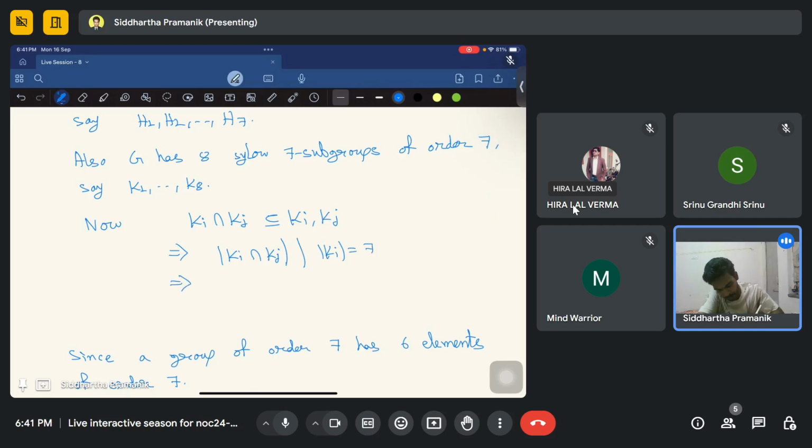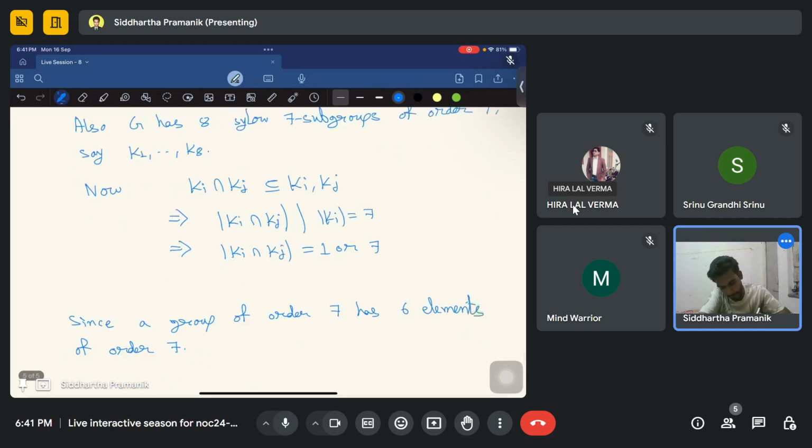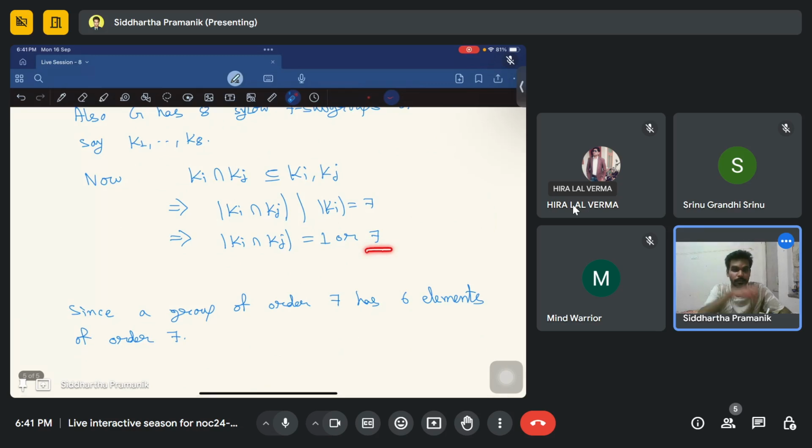But 7 is a prime number, so the order of Ki intersection Kj has to be 1 or 7. But can it be 7? It cannot be 7, right?